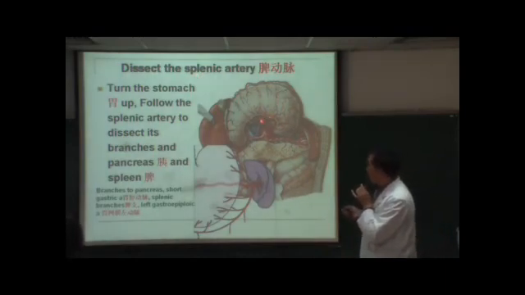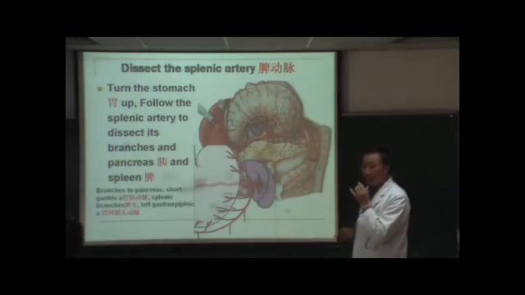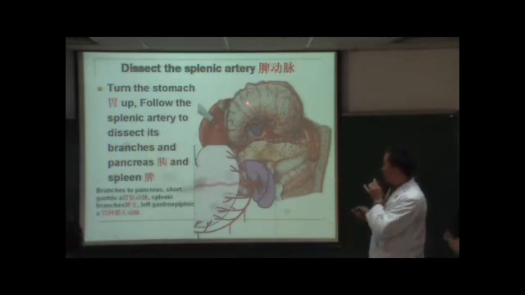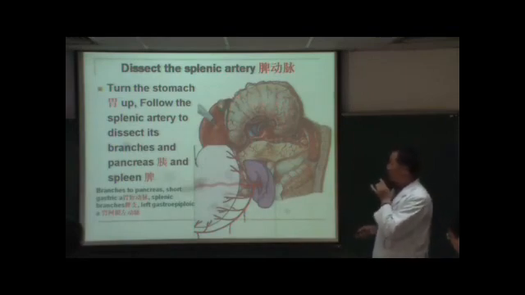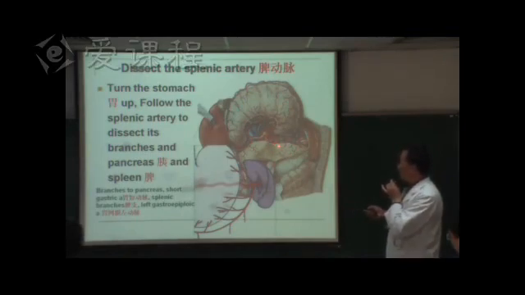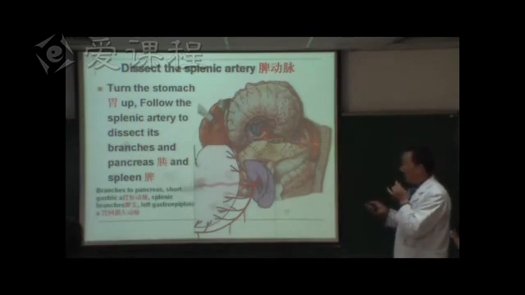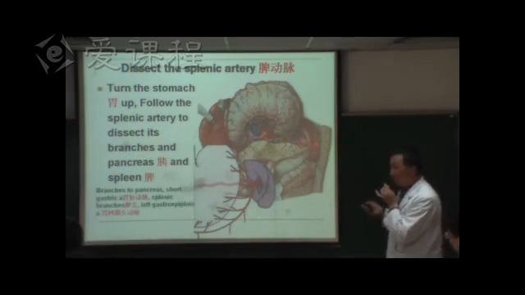Before you dissect this artery, you should turn up the stomach. Turn up the stomach. You can follow the splenic artery to the left, to the hilum of the spleen.